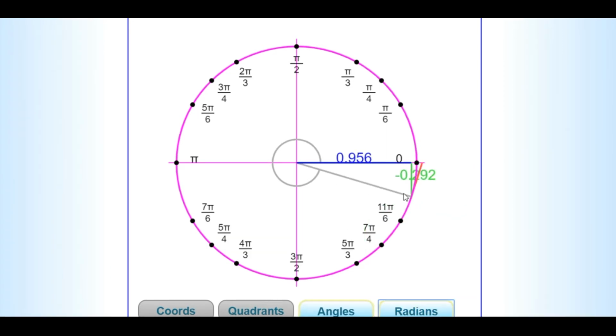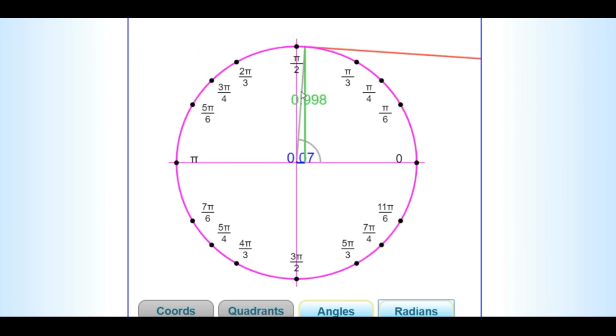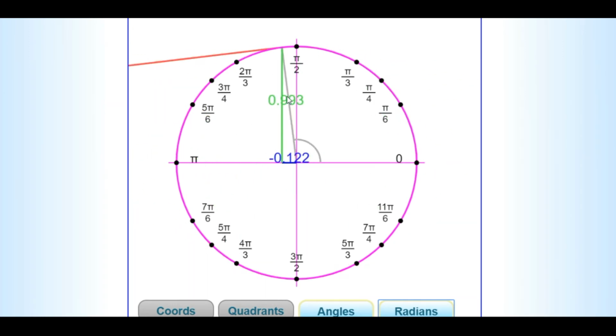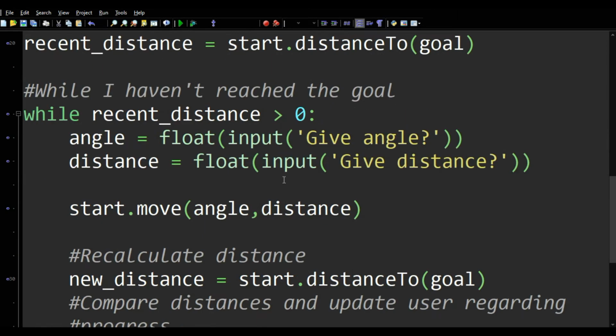However, the sine and cosine functions that Python uses deal in radians, where there are 2 pi radians all the way around the circle. So 2 pi is the same as 360, or 0. Pi is the same as 180, and pi over 2 is the same as 90. We'd like to convert from one to the other so that our user can type in an angle in degrees. So give angle in degrees, we'll even clarify that.